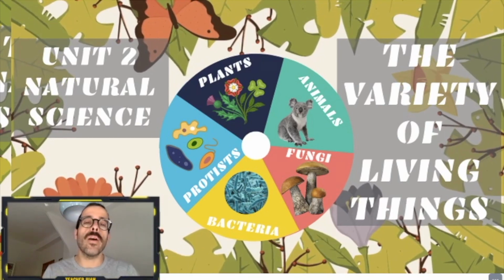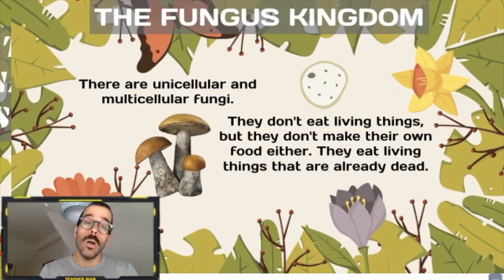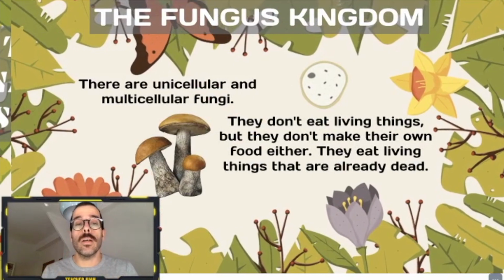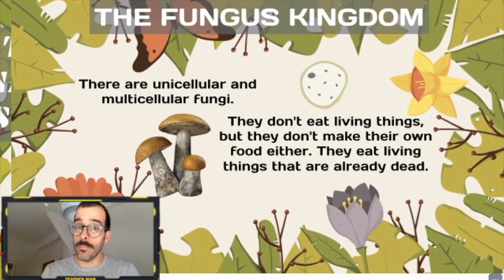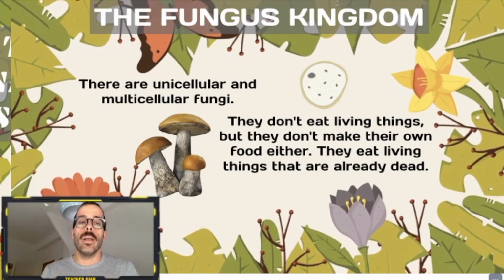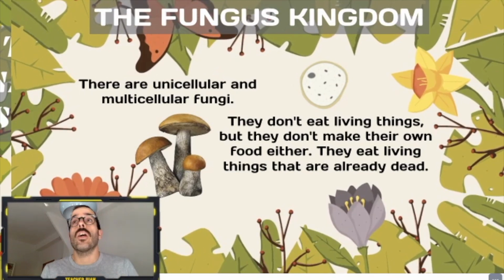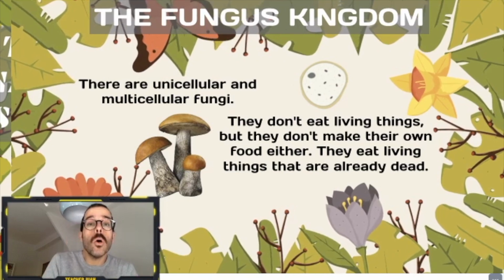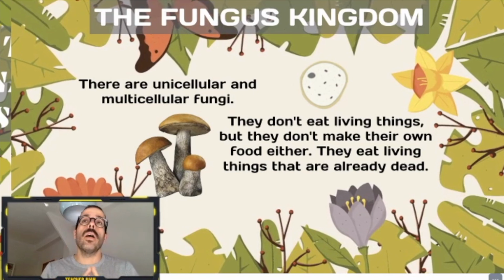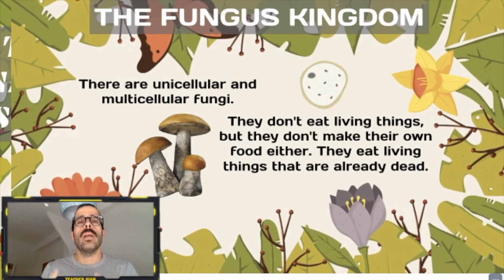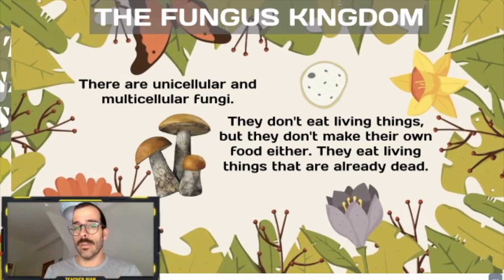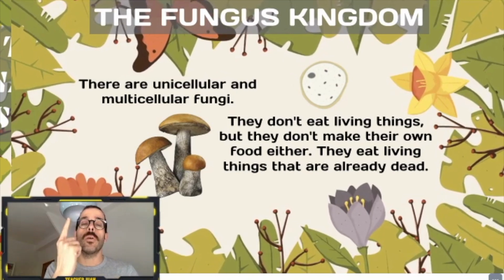Okay, if we go to the fungi kingdom, we saw that there are unicellular and multicellular fungi. You know it. Yes, we explained that some multicellular fungi are the common mushrooms that we know, and for the unicellular, I explained something related to yeast, to baking bread, this round thing that is only formed by one cell.